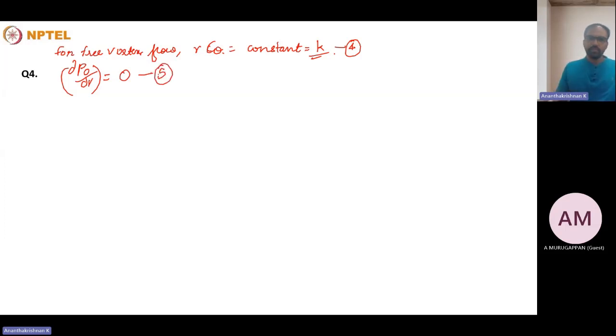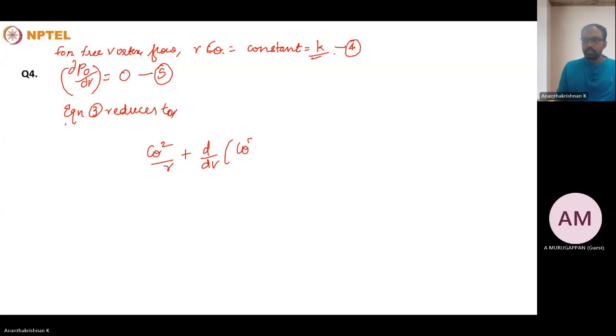So equation number 3 reduces to c theta squared divided by r plus d by dr of c theta squared divided by 2 plus d by dr of cz squared divided by 2 equal to 0.